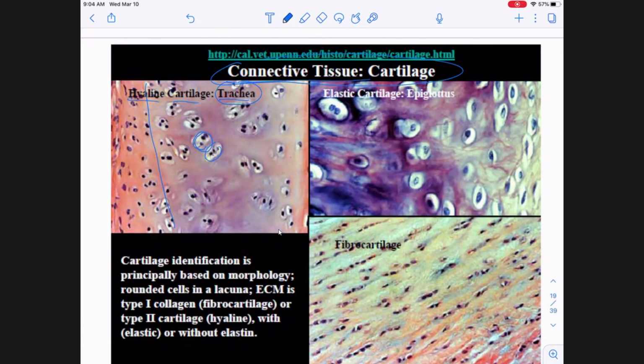And for the elastic cartilage, cartilage identification is principally based on the lacunae, right? This one is a lacuna. Little areas, and only a few chondrocyte cells still living there. ECM is type 1 collagen for fibrocartilage, or hyaline is type 2 collagen with or without elastin. That's the fibrocartilage.